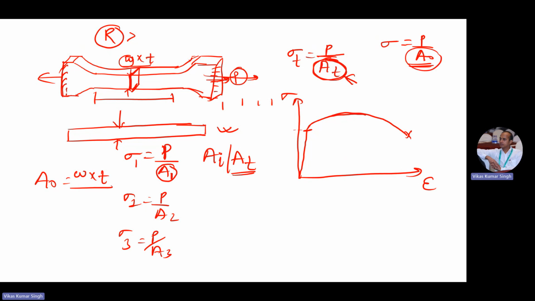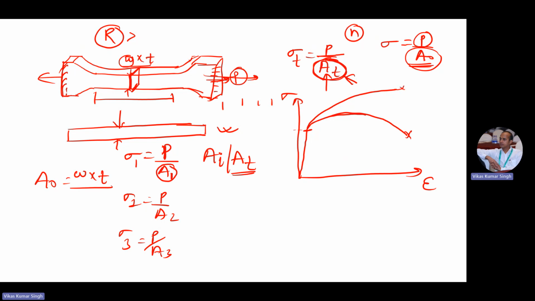Because of the hardening n, it may change. Because of the n, the P required to pull this will vary. It may be high, it may be low, because after some time the hardening effect is coming. So when we are talking about the true, this will continuously increase because our area A_T is continuously decreasing.